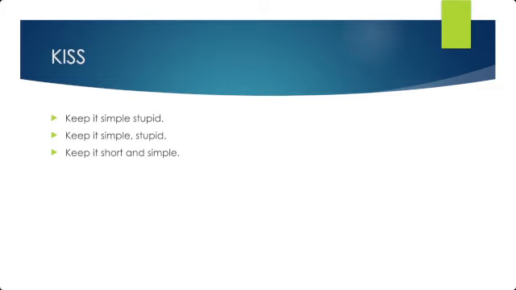Another principle is KISS, or keep it simple stupid, or maybe keep it simple and stupid, so this principle has a lot of meanings. Don't make your code more complicated than it needs to be. Simple code is easy to read, easy to test, easy to fix, and you don't need some clever solution.